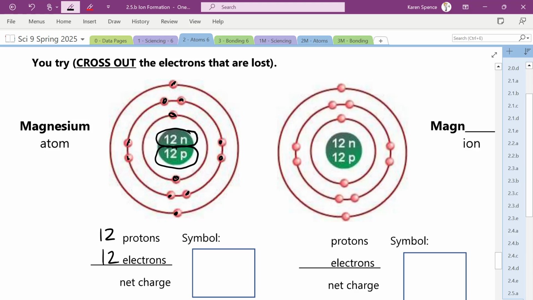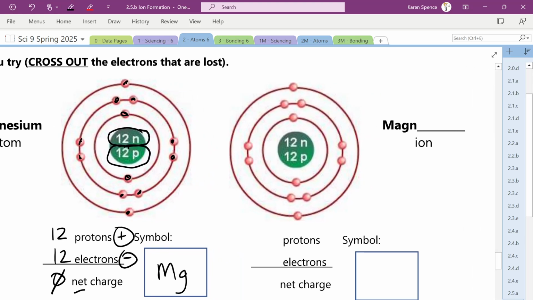What's our net charge? 12 positives, 12 negatives. The overall net charge is 0. And so the symbol is just Mg. I'm going to stop putting in the atomic number and mass number just for now. I'm just going to put in the charge just to simplify it, okay?